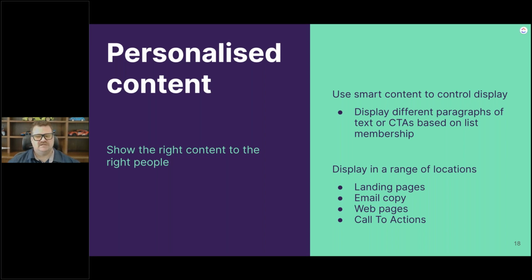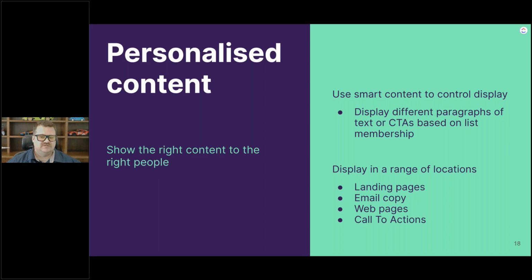Smart content takes what we know about a person, whether it be certain parameters, whether it be a persona that we're targeting, and lets us change the content that we're showing them so that we're showing them the right content. So we would use smart content to display different paragraphs of text, different images, different calls to action based on what we know about them.